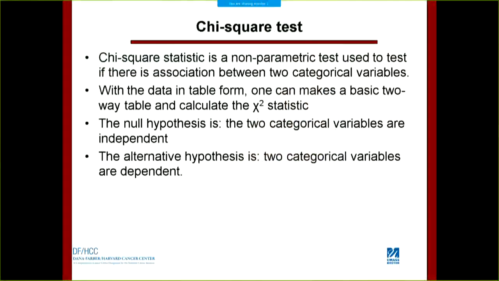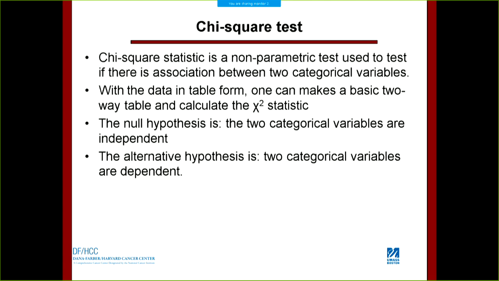So the chi-square test, actually, is a non-parametric test. Okay, it's used to test the association between two categorical variables. So the null hypothesis here is slightly different from before. For the previous statistical procedures, like the t-test and ANOVA, usually we say the average values are equal, or the estimate of the coefficient is equal to 0.